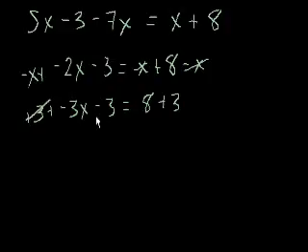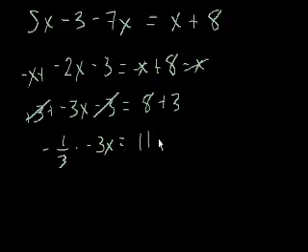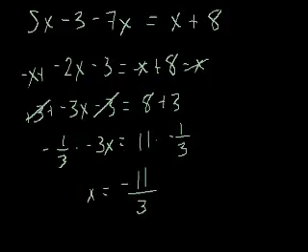These two 3's will cancel out, and you get minus 3x is equal to 11. Now you just multiply both sides by negative 1/3. And once again, this is just the same thing as dividing both sides by negative 3. And you get x equals negative 11 over 3.